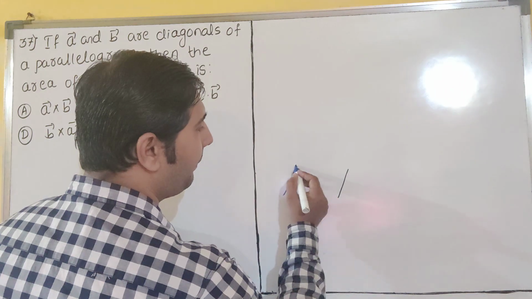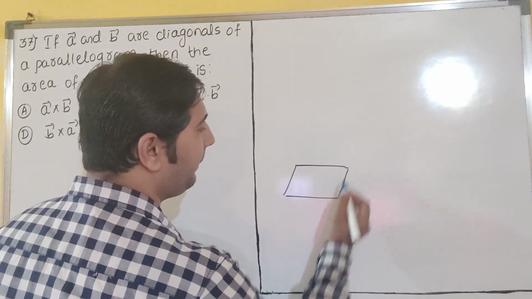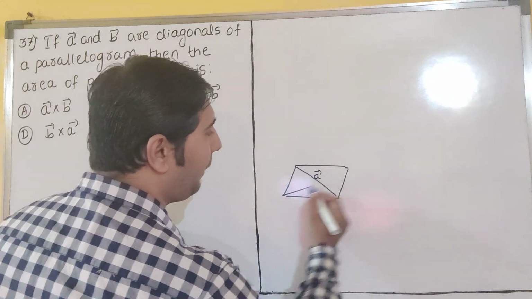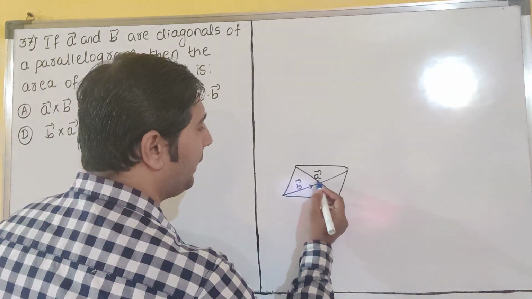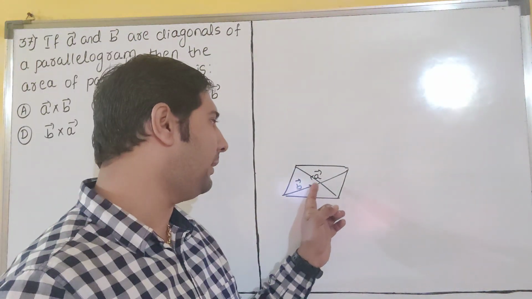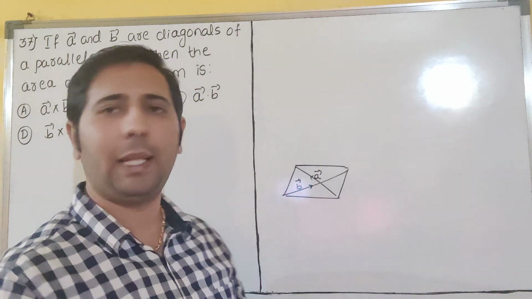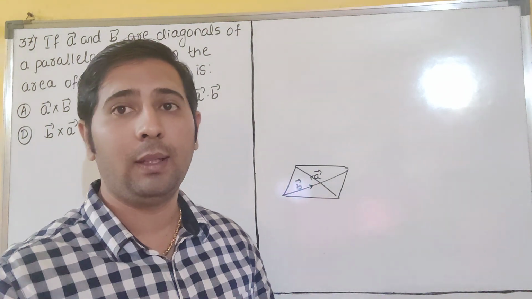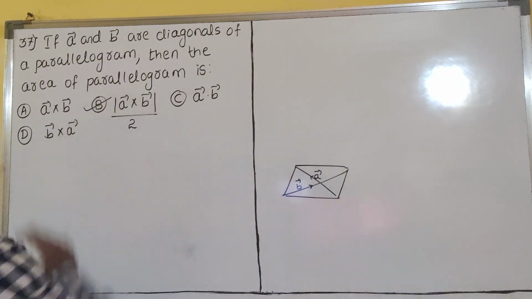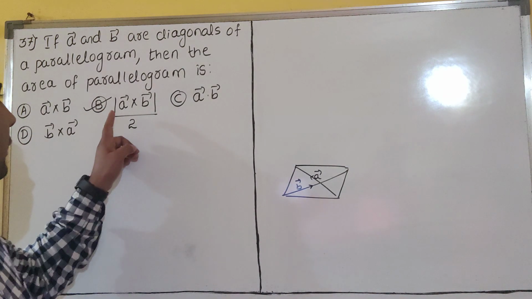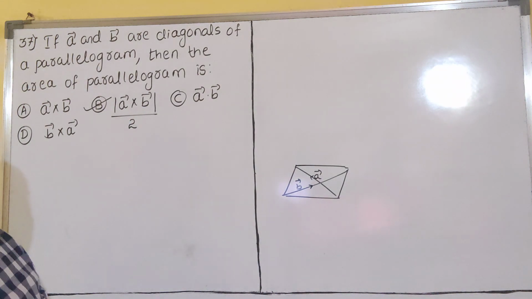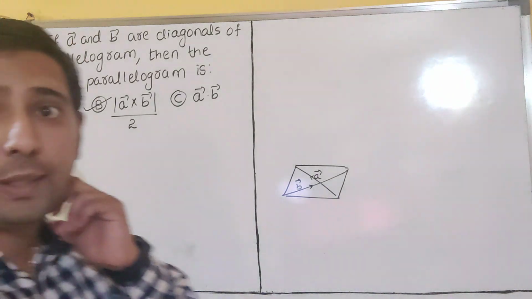This is a parallelogram, and vector A and vector B are its diagonals. So magnitude of A cross B divided by 2 you will get. This is our correct answer.